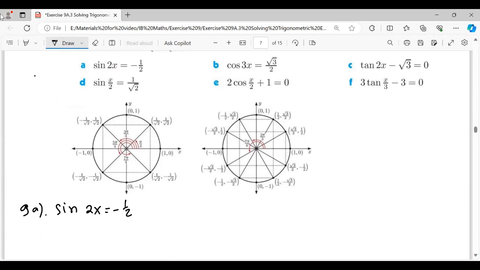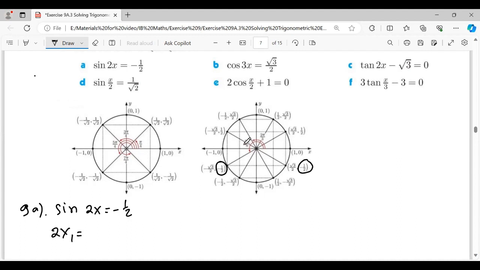Sine 2x equals negative half. It means 2x1 equals negative half. The second number, negative half, which one? This negative half and this one.